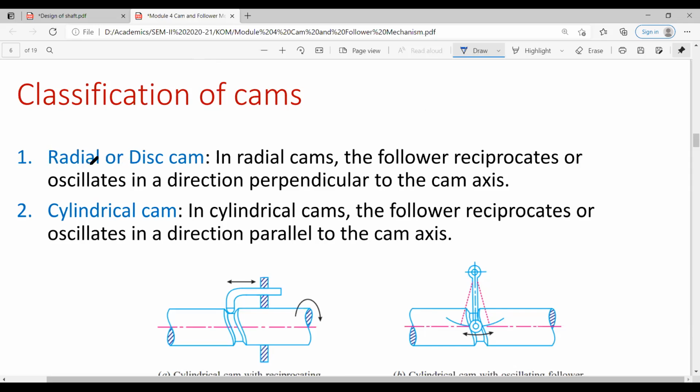The first one is the radial or disc cam, and the second one is the cylindrical cam. So what is a radial cam? In radial cams, the follower reciprocates or oscillates in a direction perpendicular to the cam axis.